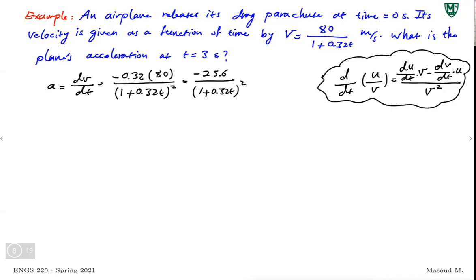So we are told at what time we want the acceleration. Now we know the acceleration is a function of time. All you've got to do is replace t equals 3 seconds. I can just give you the final number, a equals minus 6.664 meters per second squared.